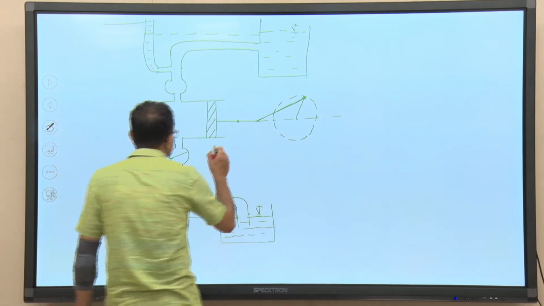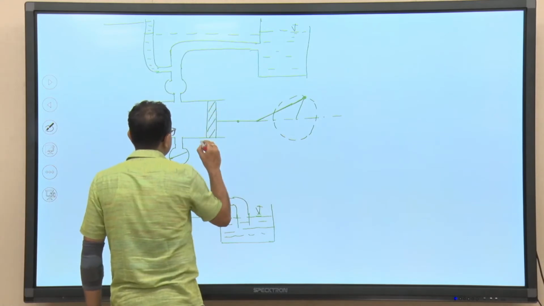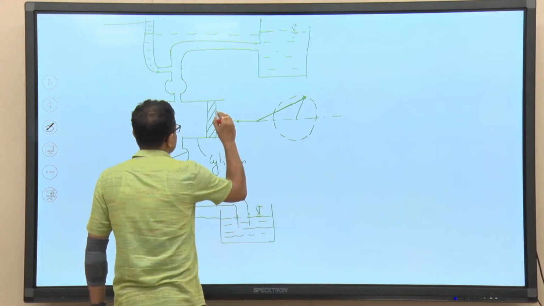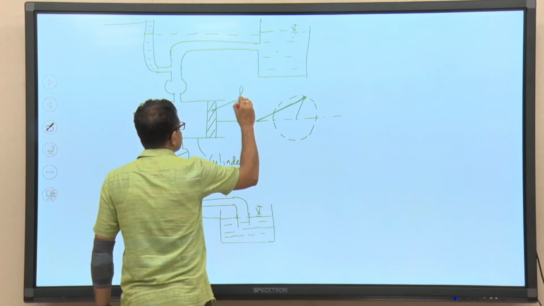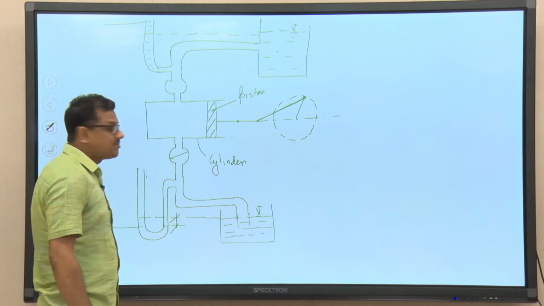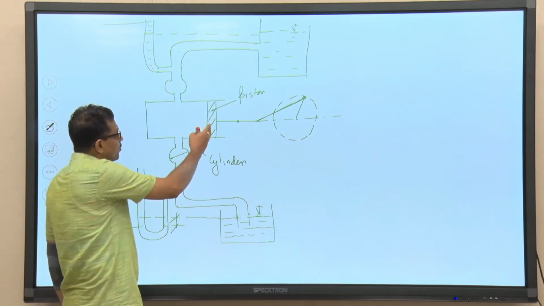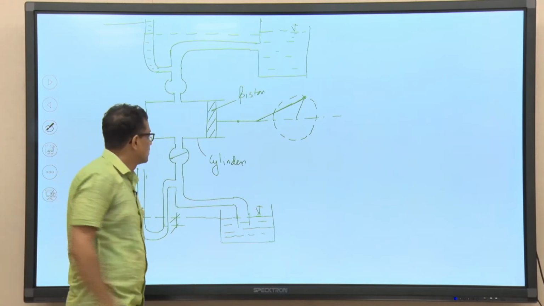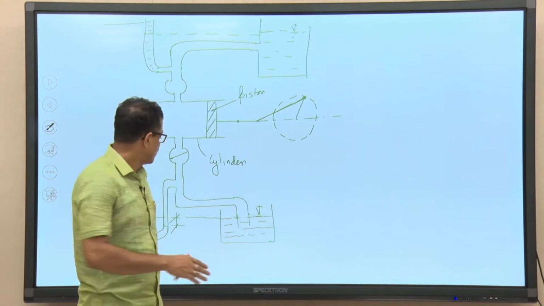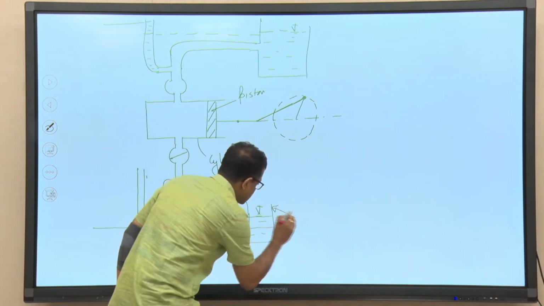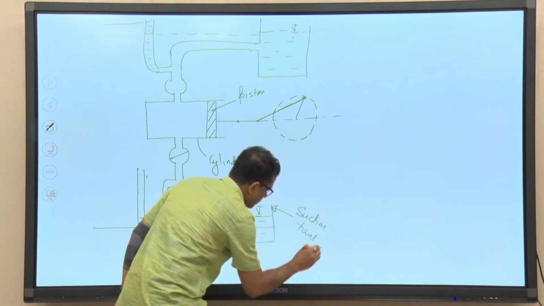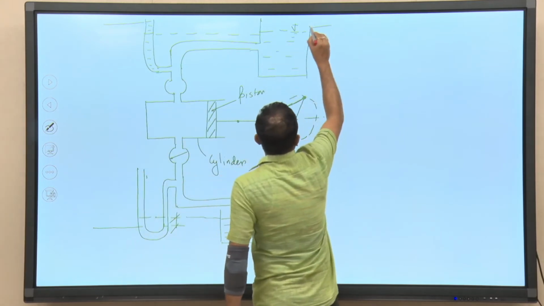We had discussion that this is the cylinder, or pump cylinder, this is the piston, and we have discussed that the reciprocating motion of the piston is important to have flow of fluid from the suction tank, so this is the suction tank, to the delivery tank.